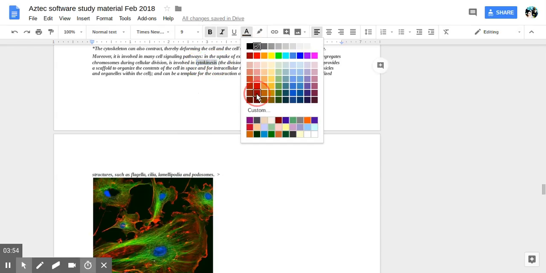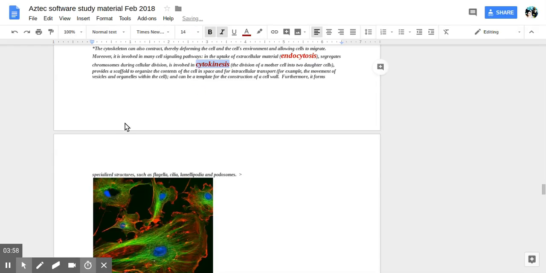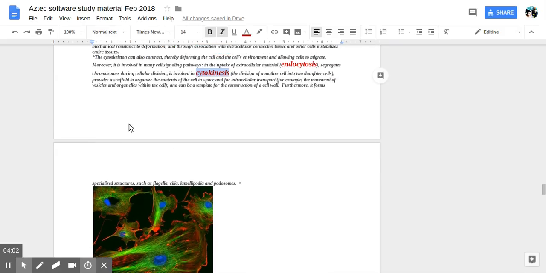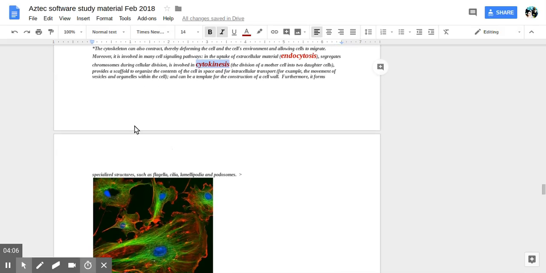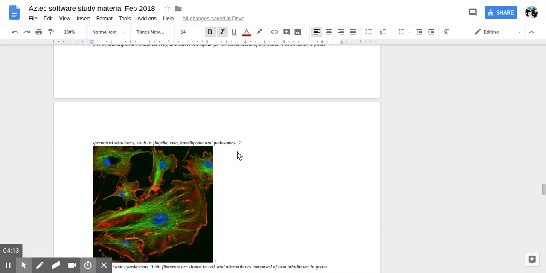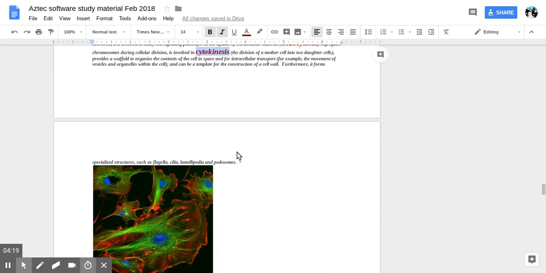It can be a template for the construction of a cell wall. Furthermore, it forms specialized structures such as flagella, cilia, lamellipodia, and podosomes. Great job.